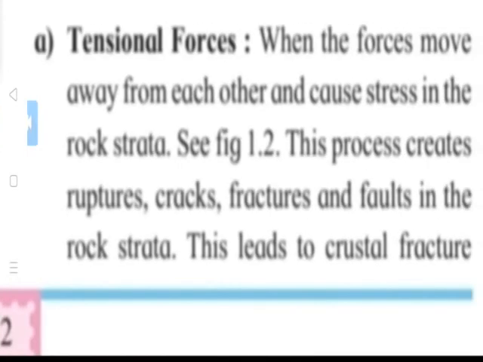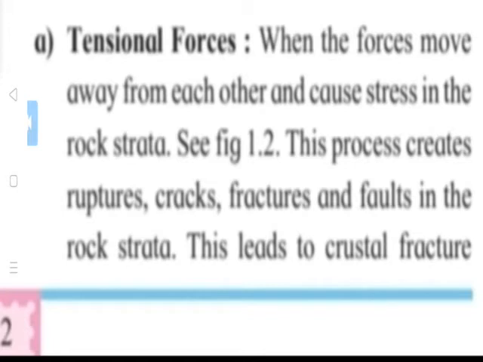Now, tensional forces. On page 2, what does our textbook tell us? I am stressing certain lines or words so that you all keep those words in mind. When the forces move away from each other, they cause stress in the rock strata.